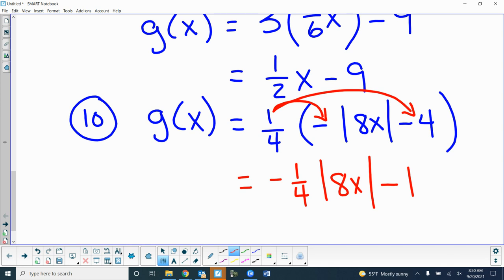So we have the parent function for number 11. It's linear, right? When you reflect about the x-axis, you just take the opposite of the whole thing, right? So it's the opposite of x. So that was my first step. It's kind of sloppy there on the right. And then it says a horizontal stretch by a factor of 3.